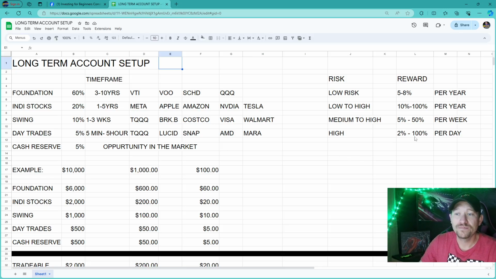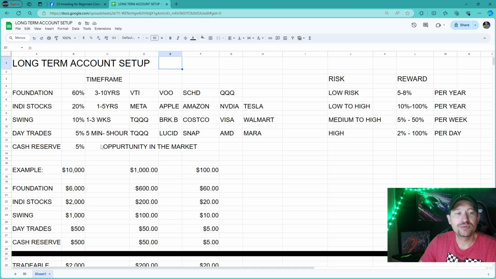Now, the reward amazingly could be from 2% a day, even 100% in a single day, which would be fantastic, right?